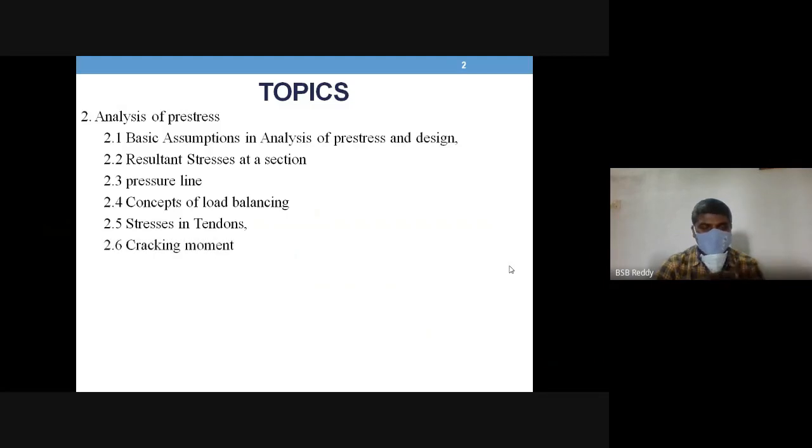And the cracking moment, we'll talk about the stress in concrete, where the amount of tensile stress developed in concrete is equal to the cracking stress. To create such an environment, how much moment is required?